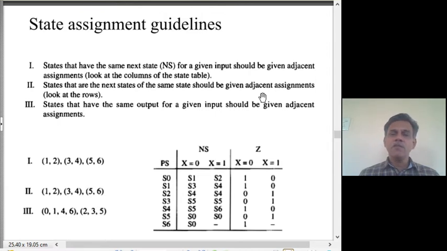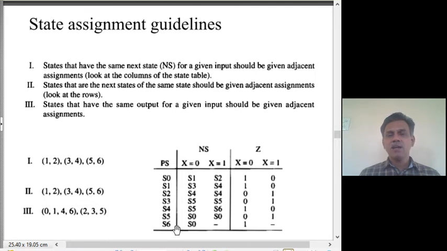And we need to give a unique bit pattern to stand for a given state. So, S0 means these 3 bits should have a particular pattern, S1 another pattern and so on. 3 bits means 8 patterns are there and we need only 7 states to be encoded. You can easily do it. One straightforward way is to use the bit pattern 000 to stand for S0, 001 to stand for S1 and 110 to stand for S6.